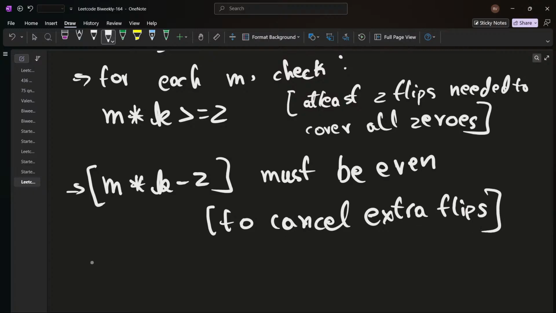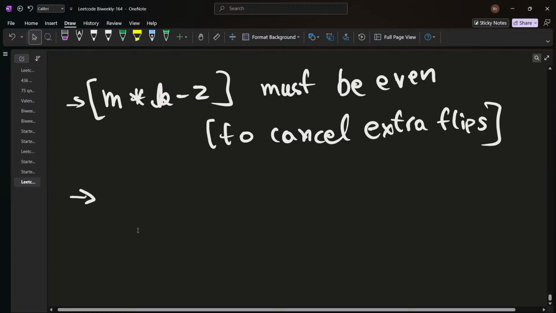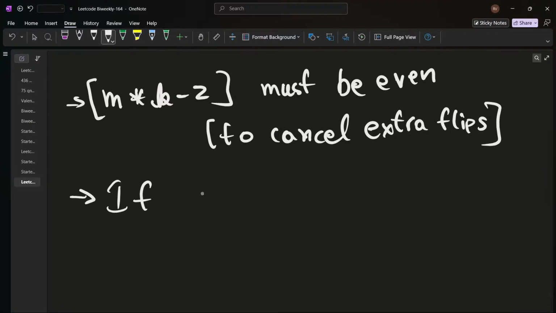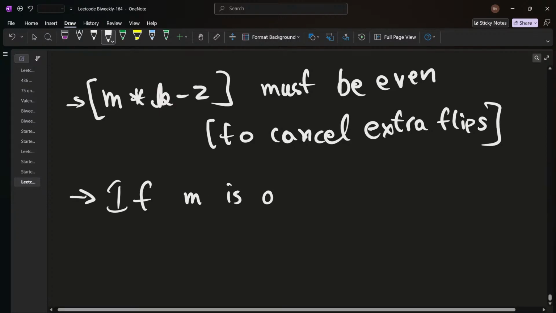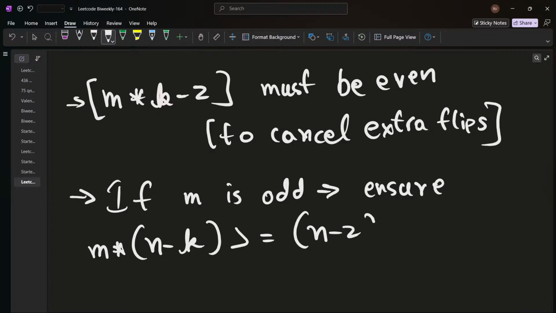Done. Now the final condition, within this case, not the overall. If m is odd, we have to ensure m into n minus k is greater than or equal to n minus z.